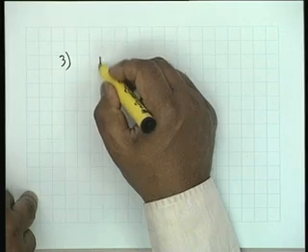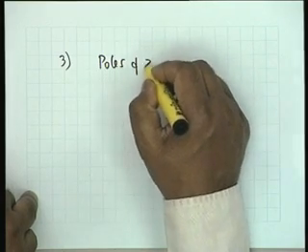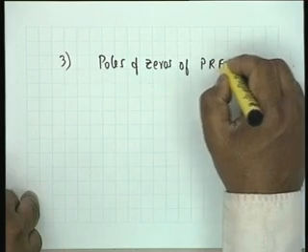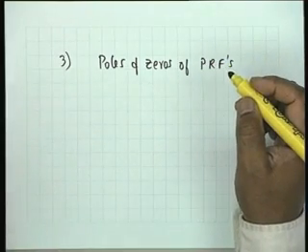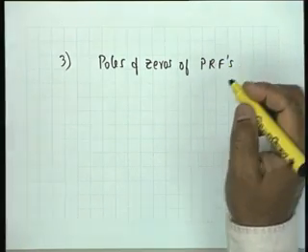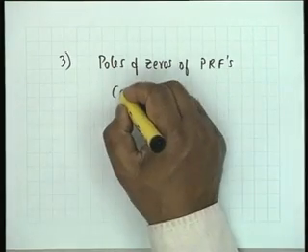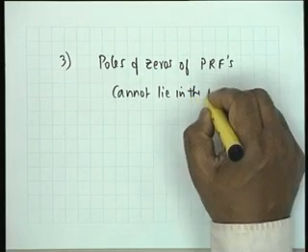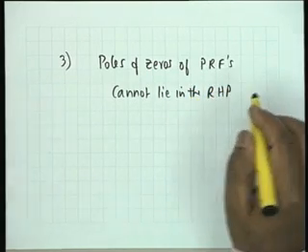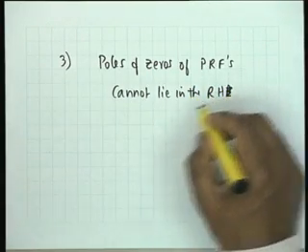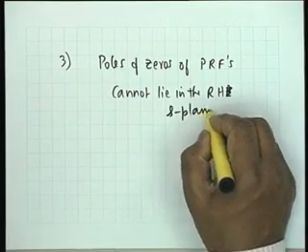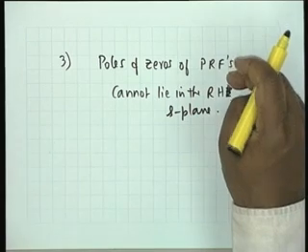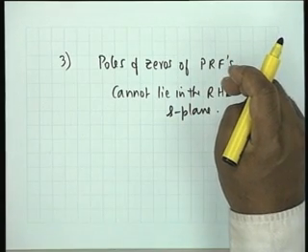Alright, next, poles and zeros of positive real functions. Where are they? They cannot lie in the right half S plane. Why not? Poles and zeros of positive real functions cannot lie in the right half of the S plane.